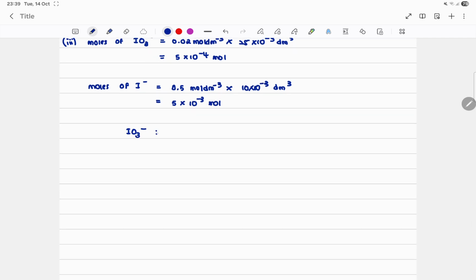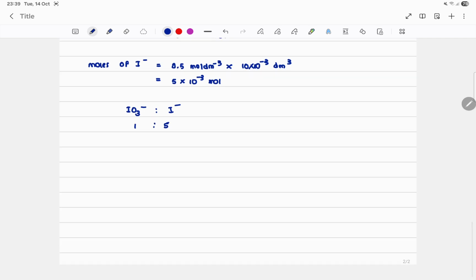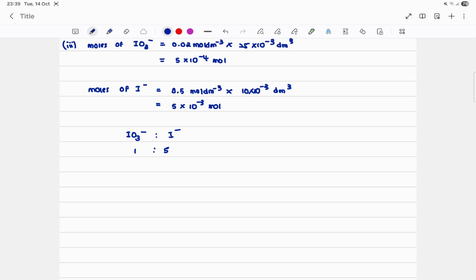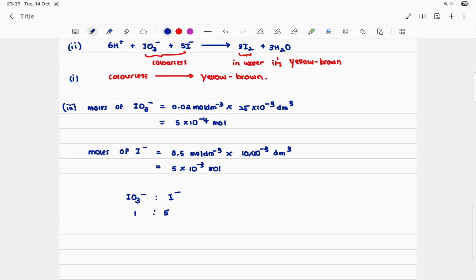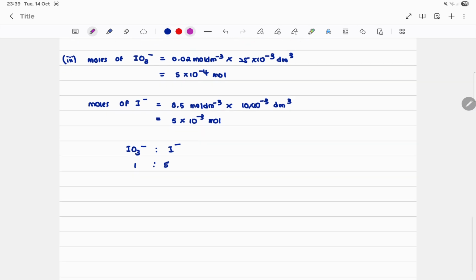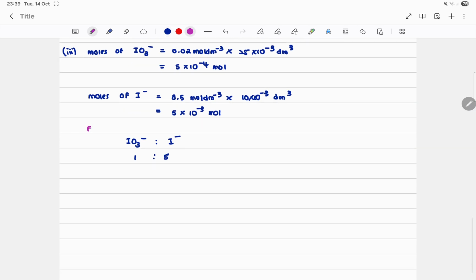Next let's compare the stoichiometry of IO3 minus to I minus, 1 is to 5. Then we have to find out who is the limiting reagent.